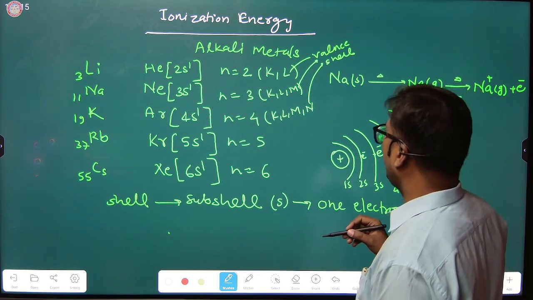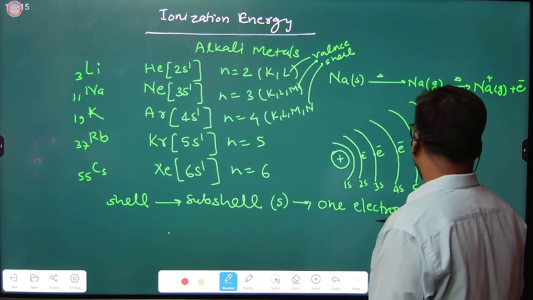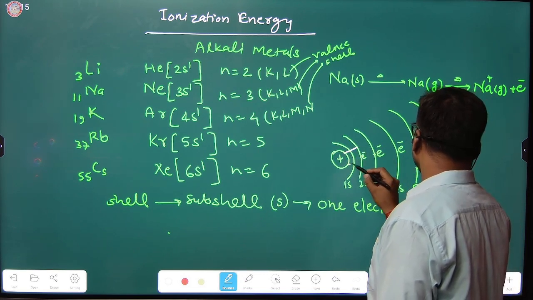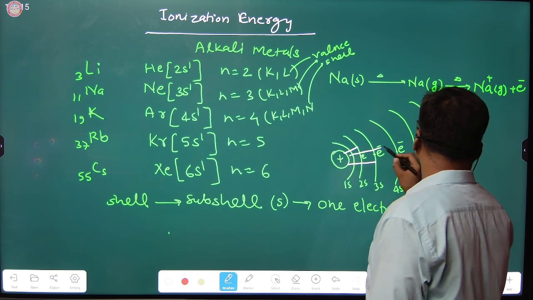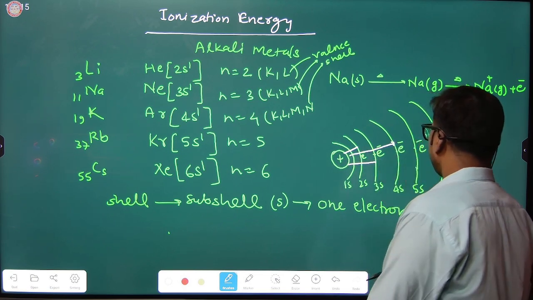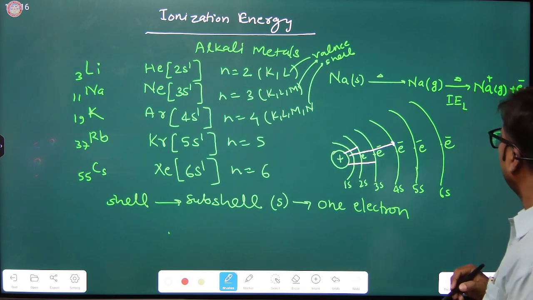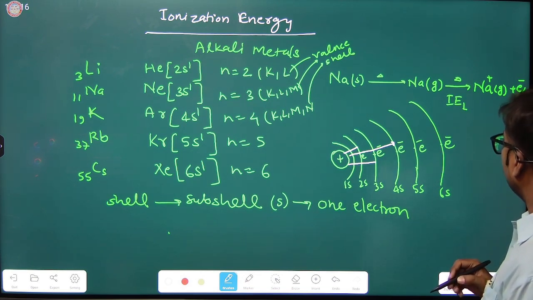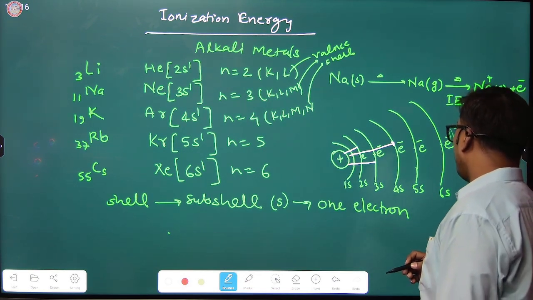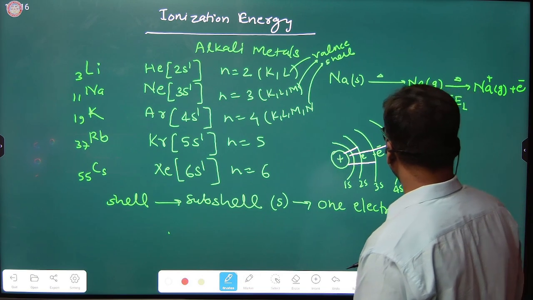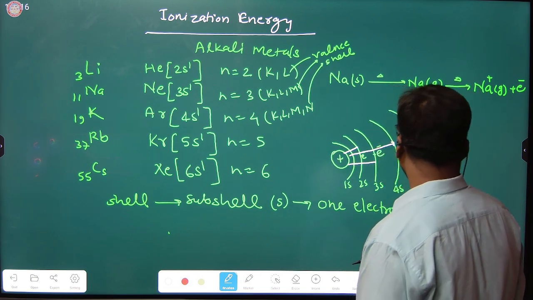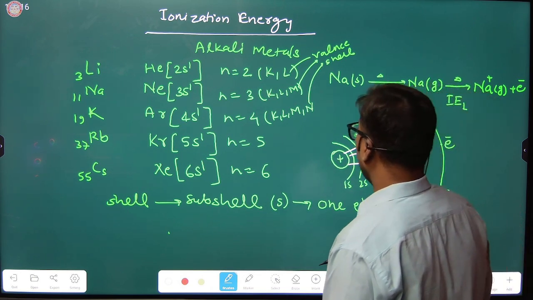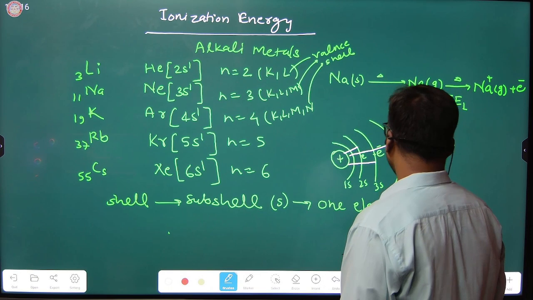As you move towards potassium, this distance increases again. Increased distance lowers the nuclear or electrostatic force between the positive charge and the outermost valence electron. Then we move towards rubidium and cesium.